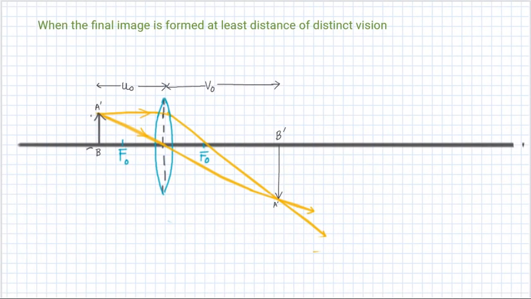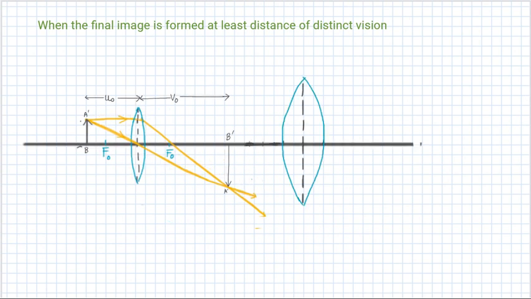So let's draw an eyepiece now. Consider an eyepiece. This eyepiece is thicker as compared to your objective, and it has a larger focal length as compared to your objective.